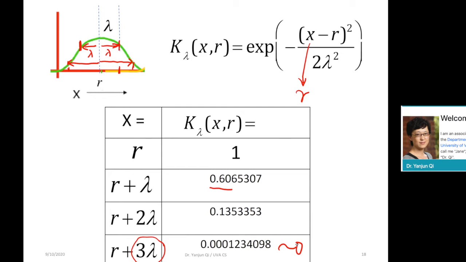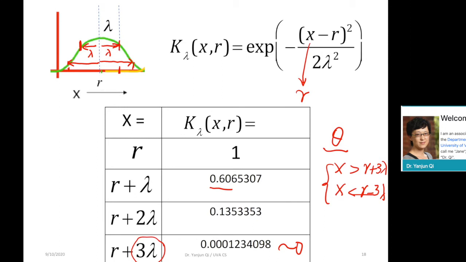No matter how large a weight theta you have here, it doesn't matter the size of the theta, when the x is beyond, either larger than gamma plus 3 lambda, or smaller than gamma minus 3 lambda, no matter what theta is, which controls the contribution of this basis function, it always contributes 0.